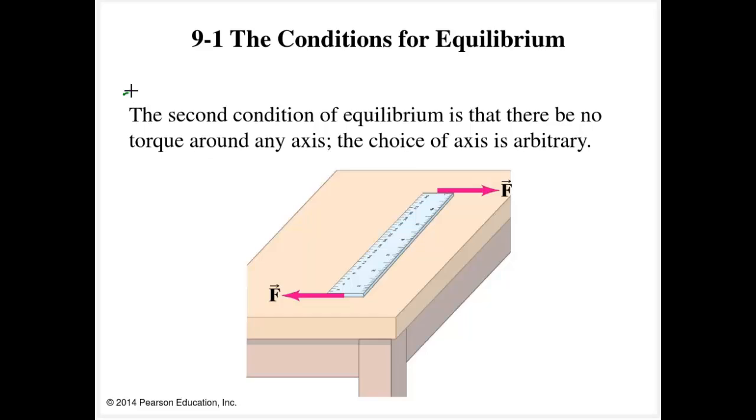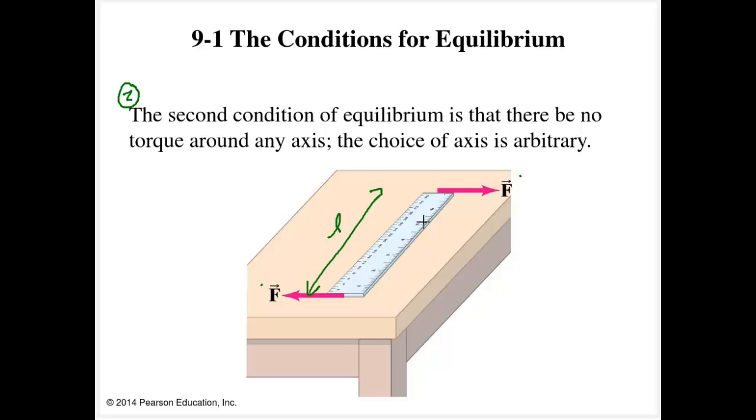So the second condition that we have to worry about for equilibrium is that there be no torque about any axis. If we look at my ruler here and say that it has some length L, I can say, well, this force is equal to this force, therefore in the x direction there is no net force.